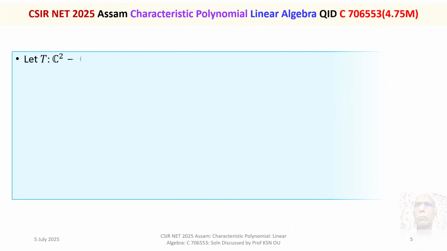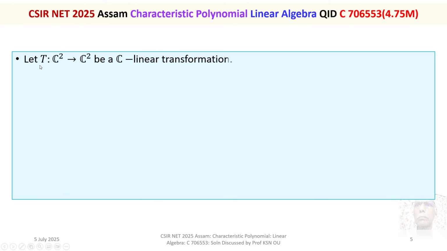The given question is: let T be a C linear transformation from C square to C square, where C is the field of complex numbers.